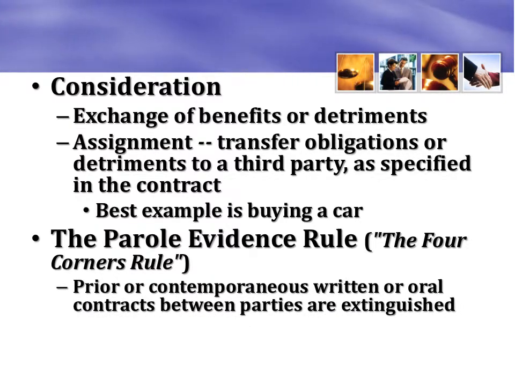Officially, it says prior or contemporaneous written or oral contracts between the parties are extinguished. A fancy way of saying if there were pre-contract negotiations, all of those are rendered null and void once the final contract is signed. That's the reason why caveat emptor, buyer beware.